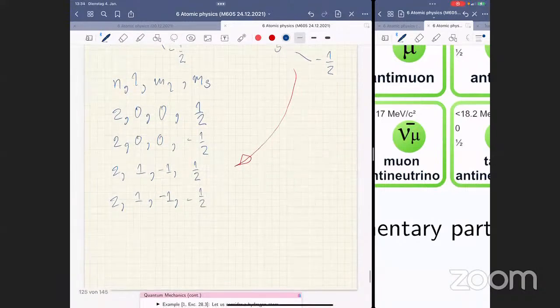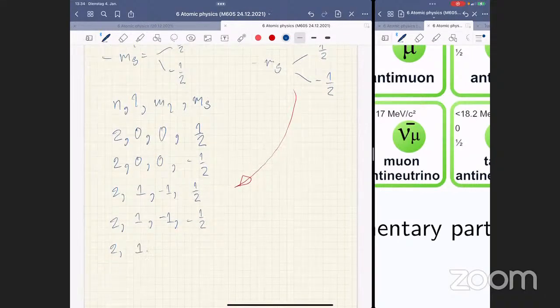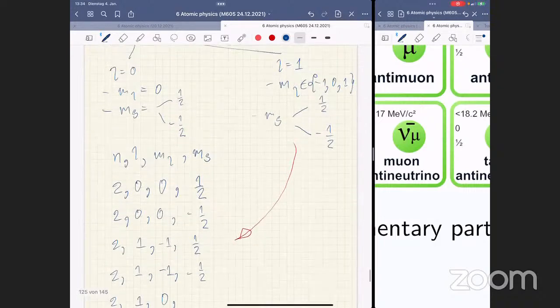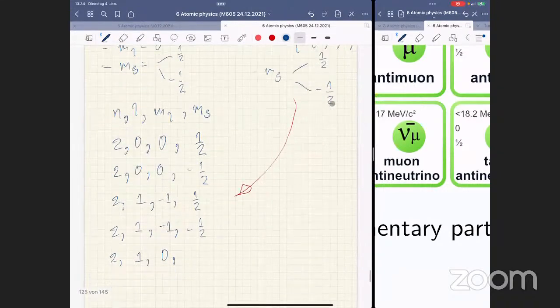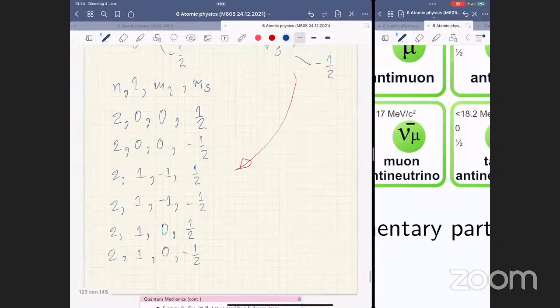The next one is 2, and L is 1, so we have 0, because ML moved from -1 to 0 already. So ML is 0 right here, and the spin number could be 1/2 for the first case, and you have 2, 1, 0, and -1/2 for the second case.